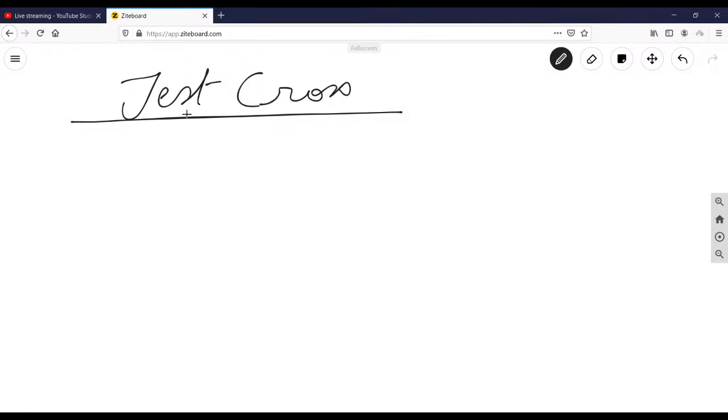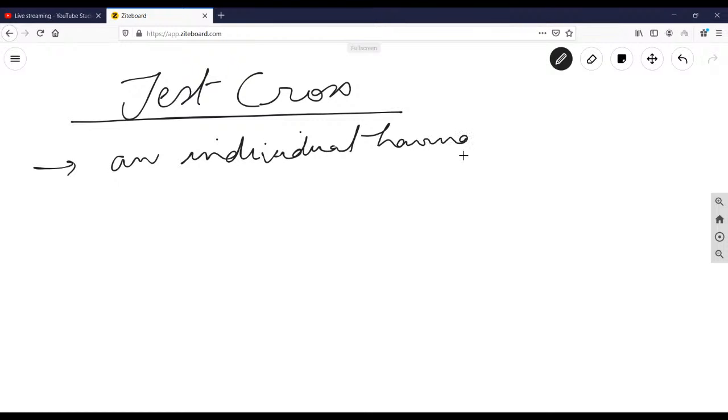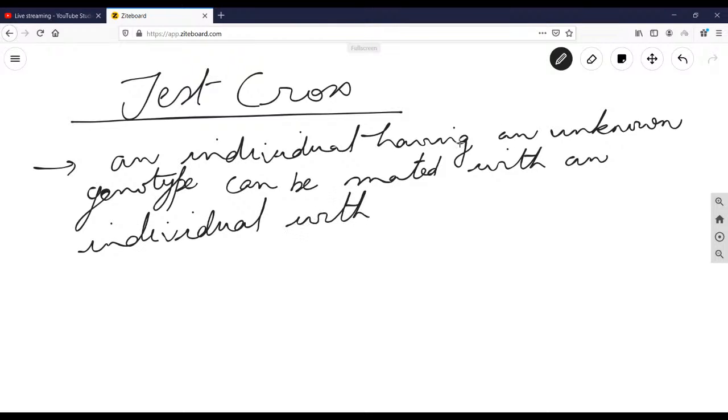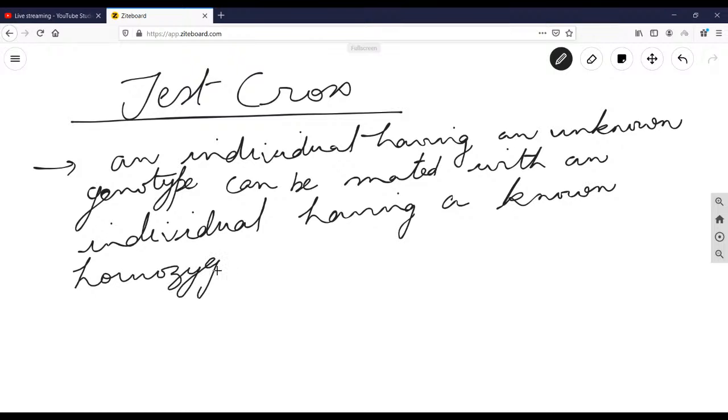A test cross involves mating an individual possessing an unknown genotype with an individual having a known homozygous recessive genotype.